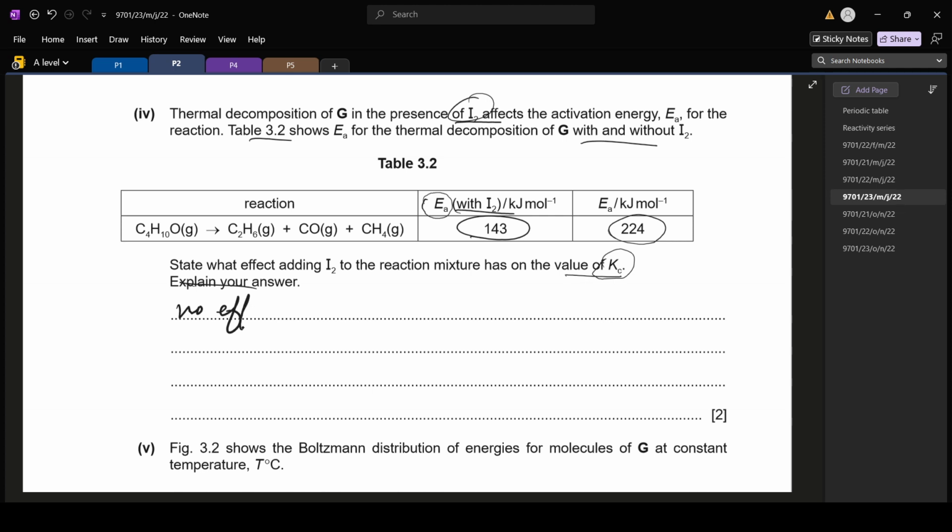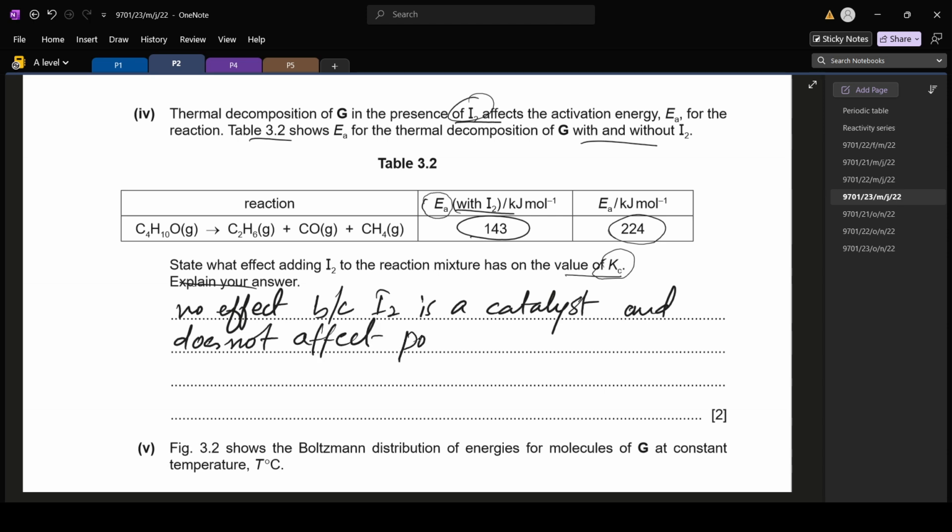So it will have no effect, because iodine is a catalyst and does not affect the position of equilibrium.